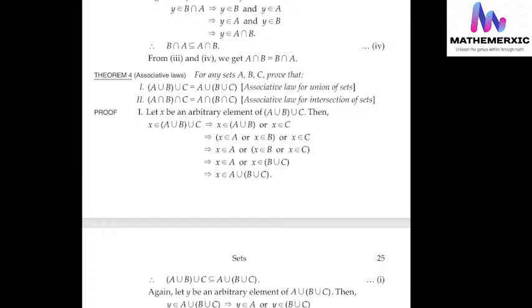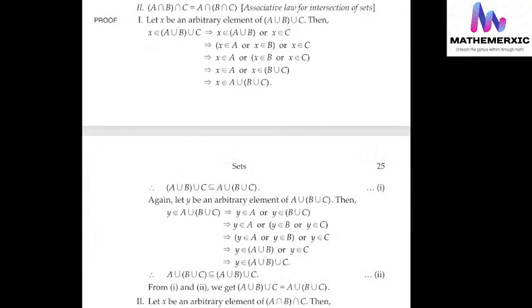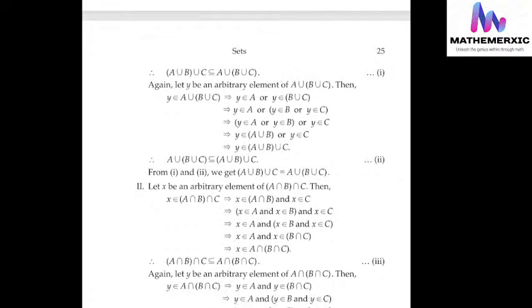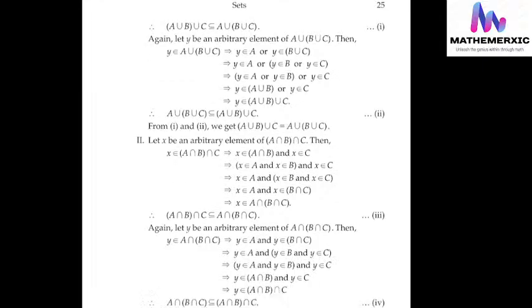Associative law for intersection of sets: A intersection B intersection C. So let X be an arbitrary element of A intersection B intersection C, then X belongs to A intersection B and X belongs to C.